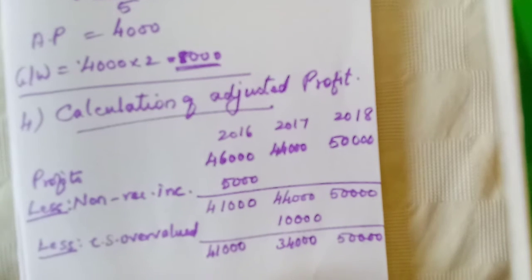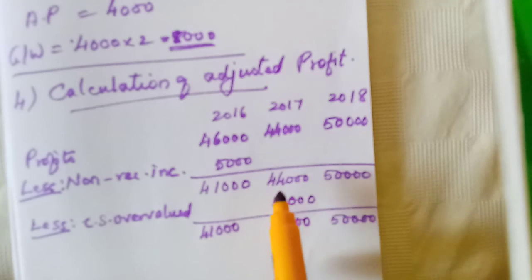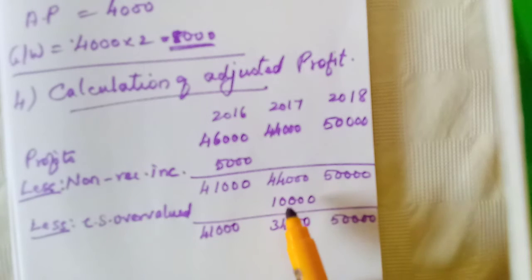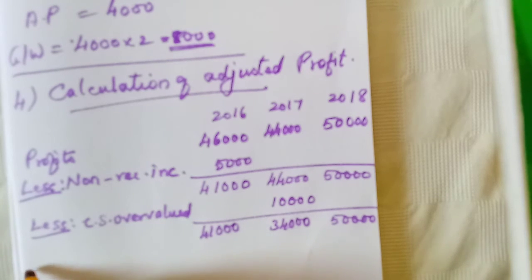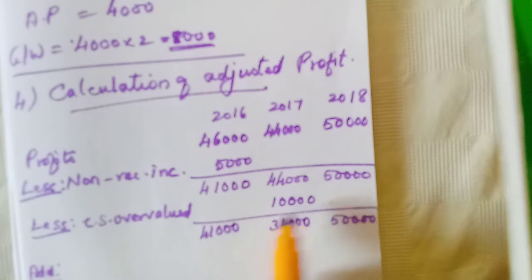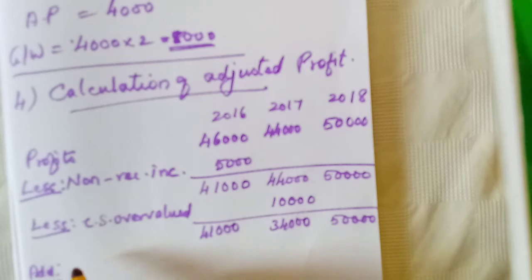Now in the next year, the closing stock is overvalued by 10,000, isn't it? This year we are deducting, so next year's profit we have to add this 10,000, and only then the calculation will be correct.